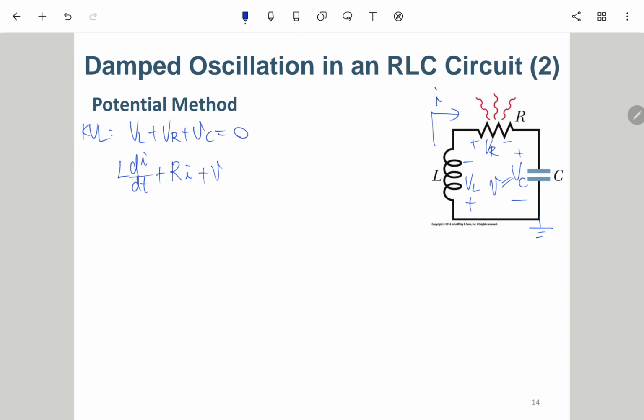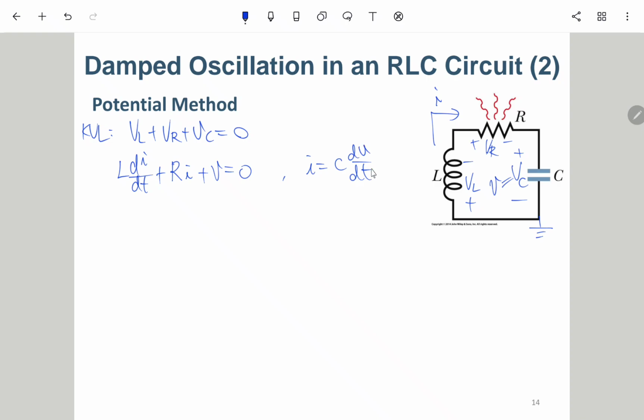Because I'll try to make use of this V, but I don't want too many subscripts, I just write VC as V. And we also have I equals C dV/dt for the capacitor. I just write it next to it, because we cannot substitute V by something else.